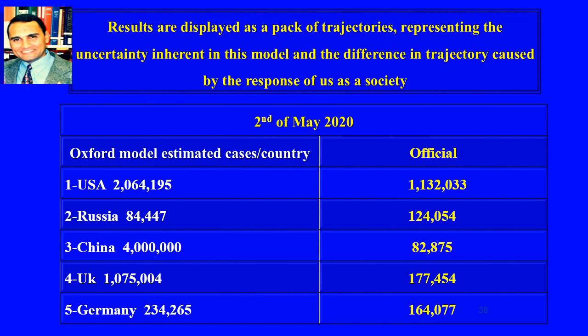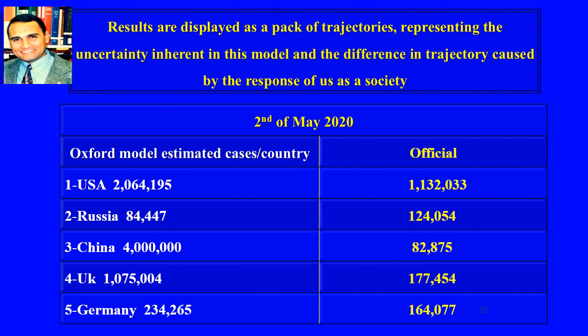This model expected that Germany will have 234,000 people infected, but the official number is around 164,000 people infected. So there are differences between the model and the official number.